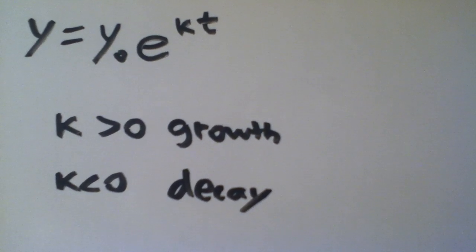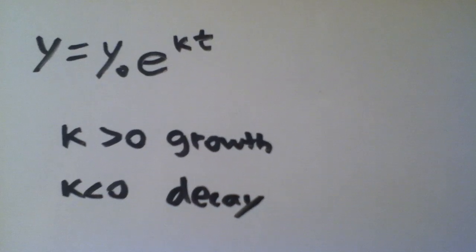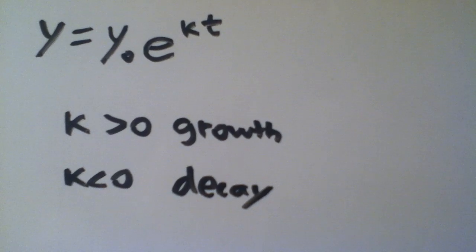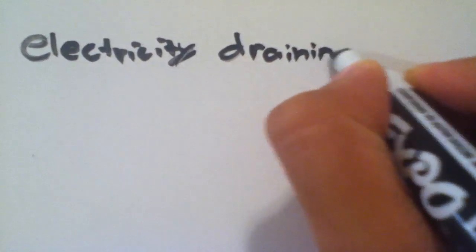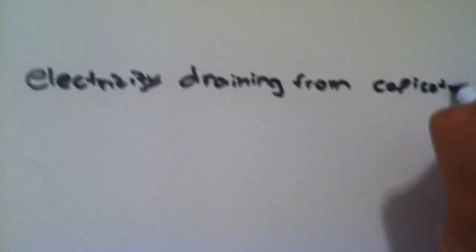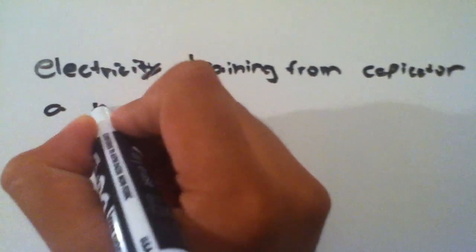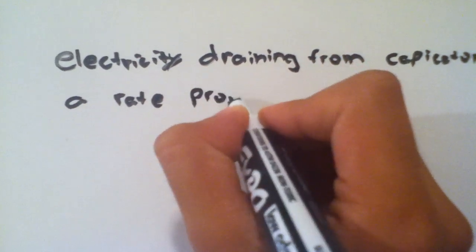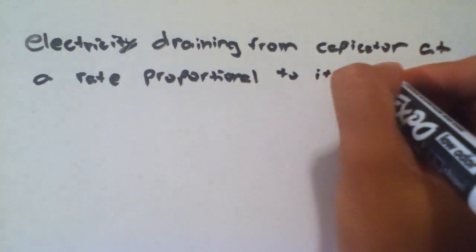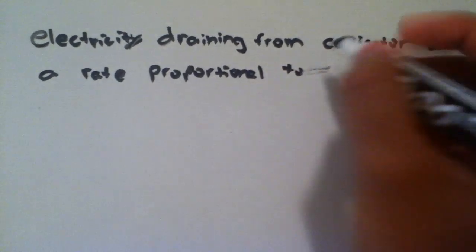Let's say you have electricity draining from a capacitor at a rate proportional to its voltage. So again, electricity is draining from a capacitor at a rate proportional to the voltage.